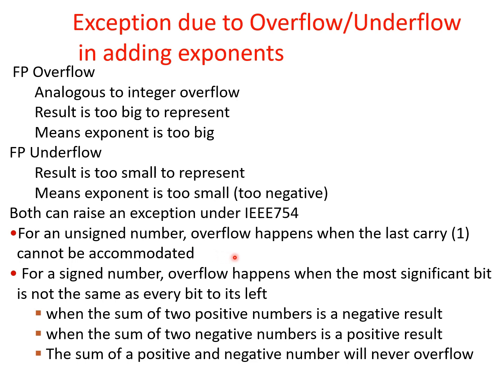For an unsigned number, overflow happens when the last carry cannot be accommodated. And for a signed number, overflow happens when the most significant bit is not the same as every bit to the left. When the sum of two positive numbers is a negative result, that is not possible, right? So it is an overflow. And when the sum of two negative numbers is a positive result, that is also not possible. The sum of a positive and a negative number will never overflow.